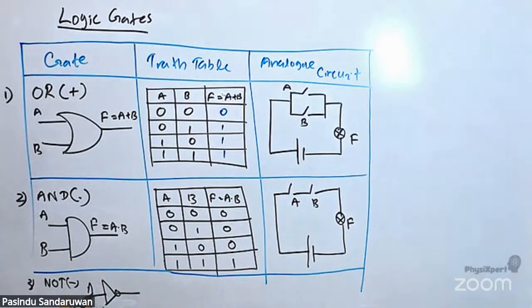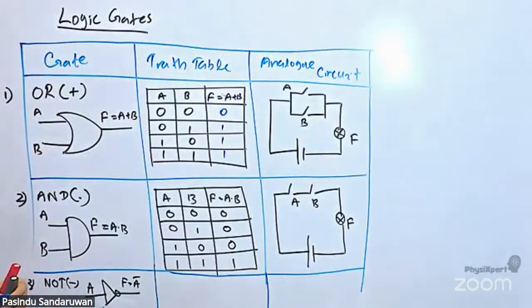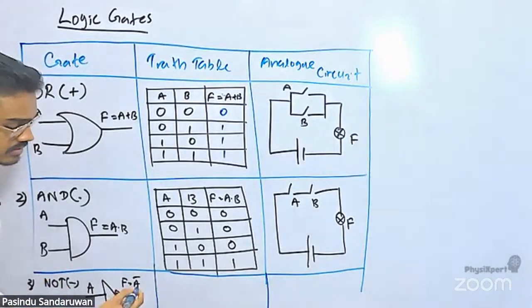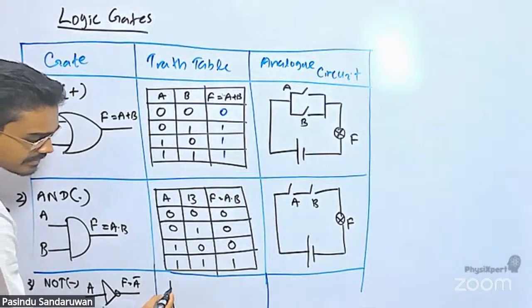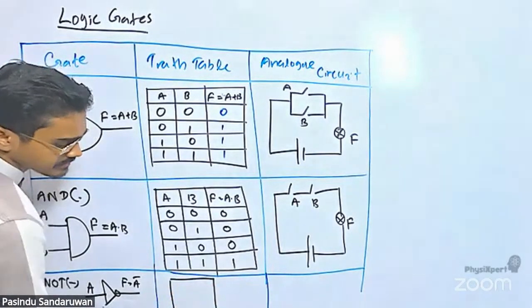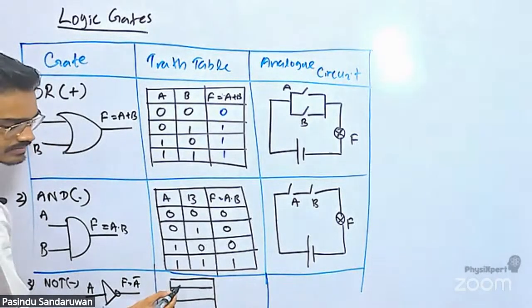If the input is A, the output is the complement of A, A bar. NOT gate. Then there is only one input, so you have only one variable. Then only two possibilities.